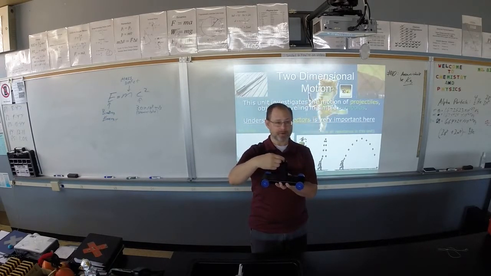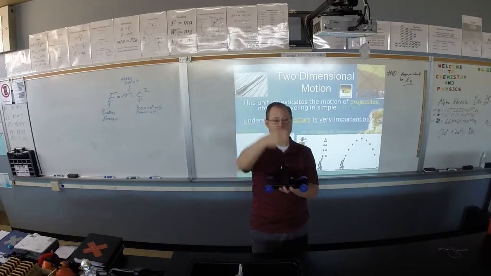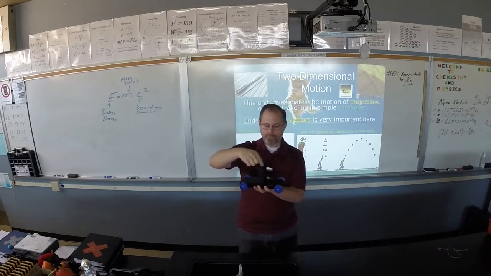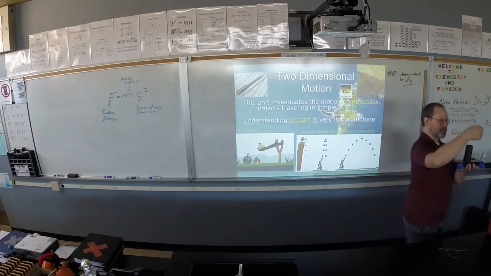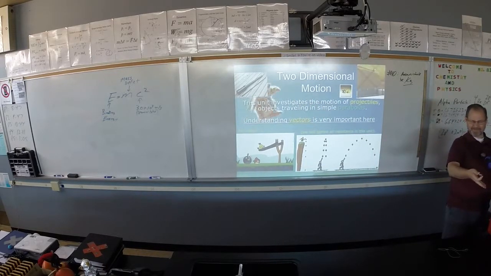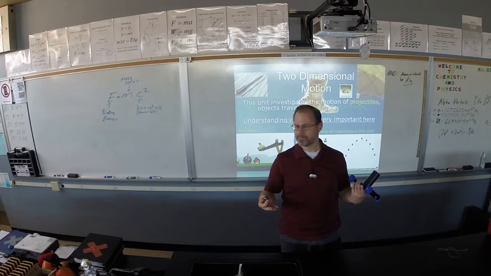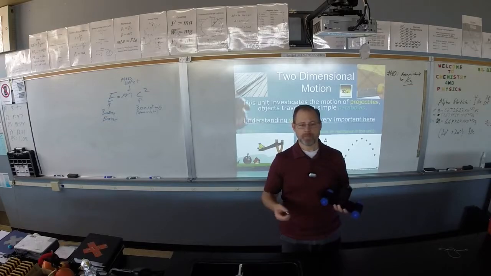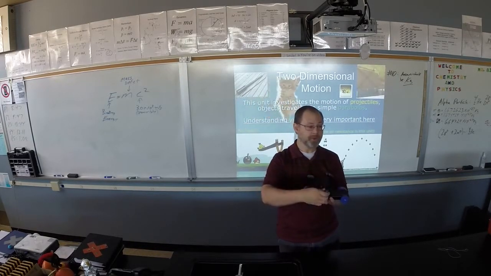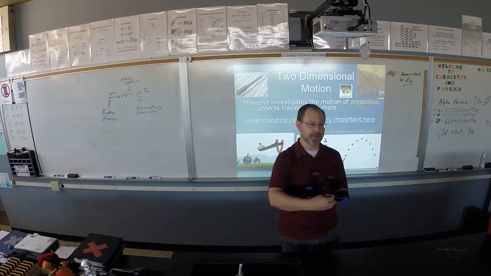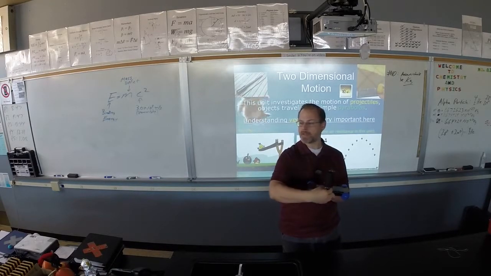So gravity didn't play a role in the horizontal direction. As far as gravity was concerned, you just had a ball that went up and back down again. But we know that the ball had horizontal velocity. So when it was launched, it kept that same horizontal velocity. Make sense? Was there any kind of acceleration in the horizontal direction? No. Because in order to have a constant velocity, you have to have no acceleration. We know there was acceleration in the vertical direction because we gave it an initial velocity and gravity slowed it down and brought it back in.